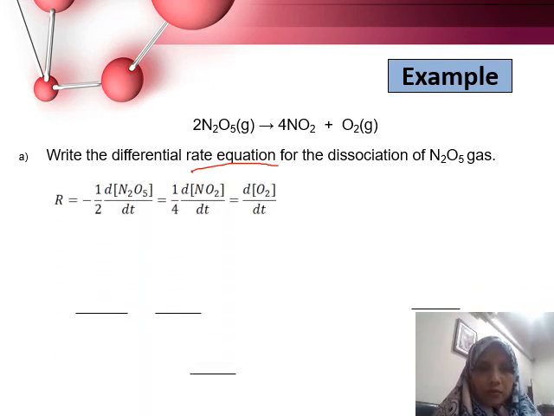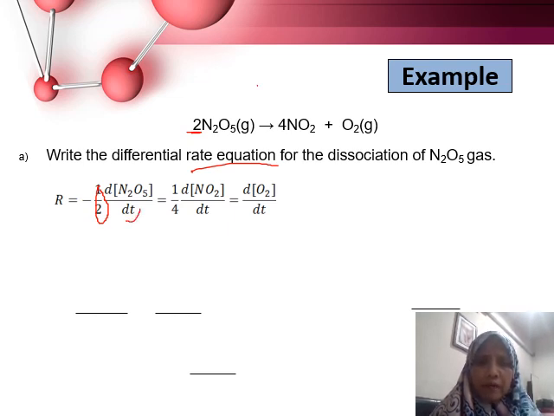So you write rate equal to minus 1 over 2, where 2 is the number of moles here, d concentration of N2O5 over dt. That is equal to the product, because we only have one reactant here, so there's only one minus sign. Then we simplify to the product immediately.